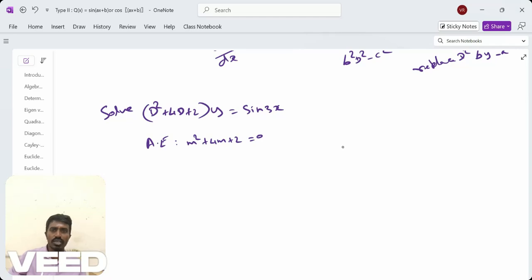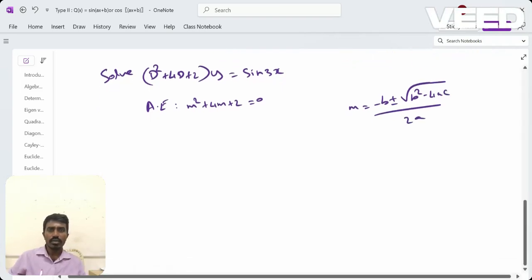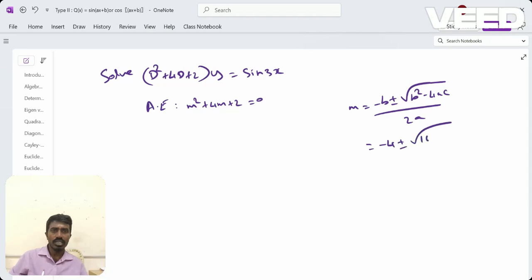Now the roots of the quadratic equation are m equal to minus b plus or minus square root of b square minus 4ac, by 2a. So here b is 4: minus 4 plus or minus square root of 16 minus 4 into a is 1 and c is 2, by 2 into 1.